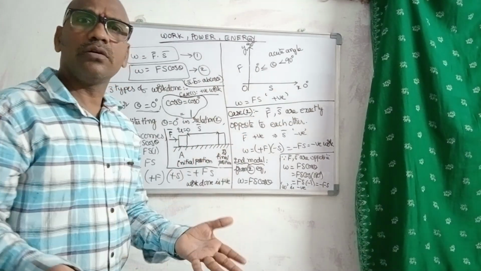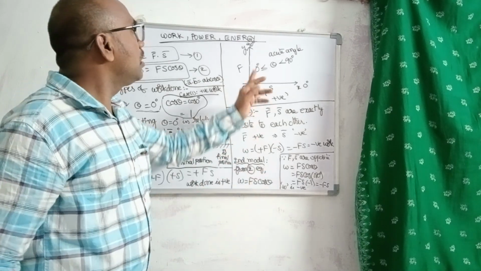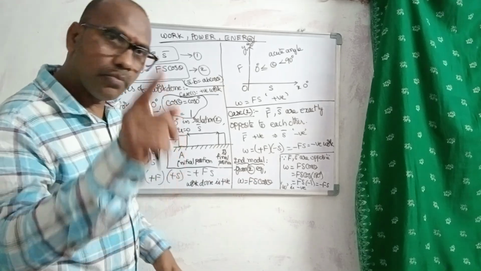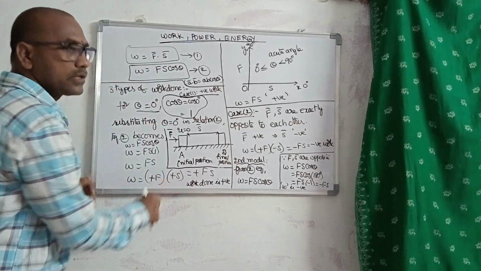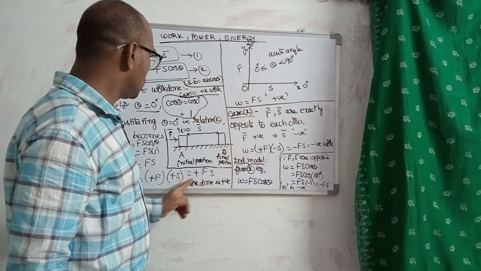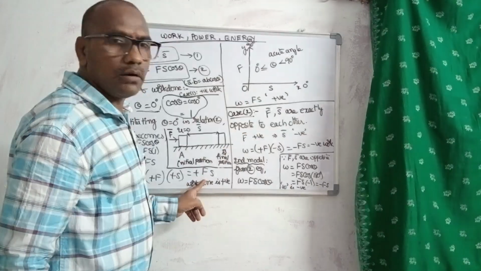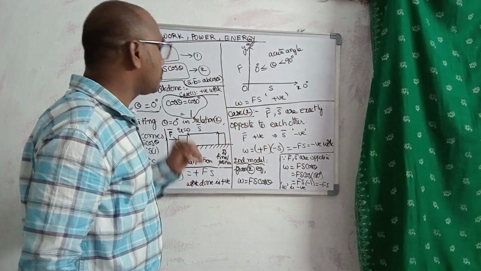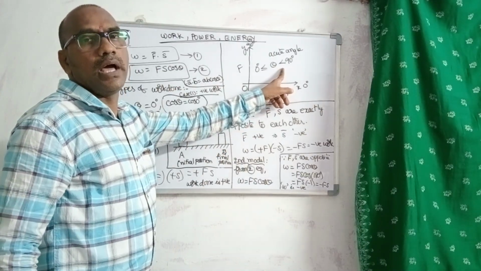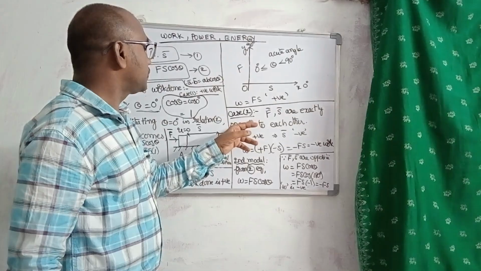You can take the value of theta between 0 and 90 degrees, and you get positive only. F positive, S positive, so W equals plus F plus S. Totally Fs is positive. So work is positive in the first case, which means the angle theta is acute.